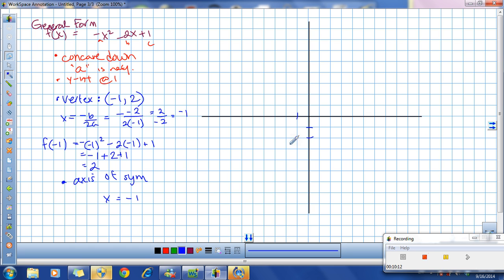So that we have a y-intercept at 1 right here. I'm sorry, my vertex is up here, negative 1, up 2. So I have my y-intercept over here, and they're reflected over my axis of symmetry. So now I have this graph right here.